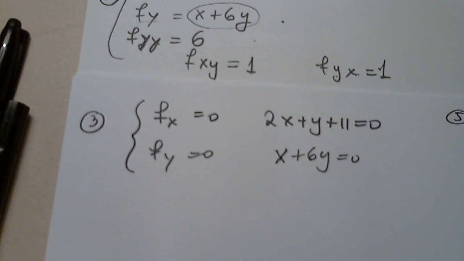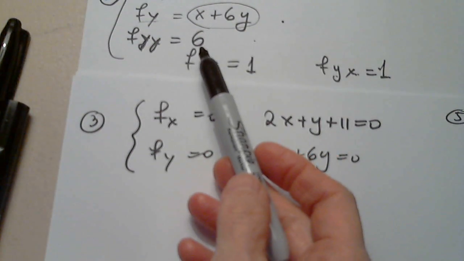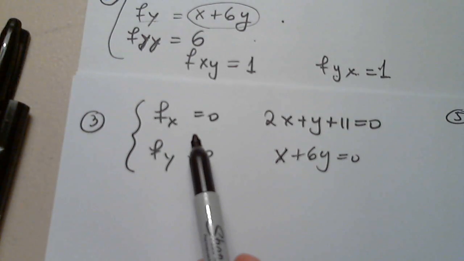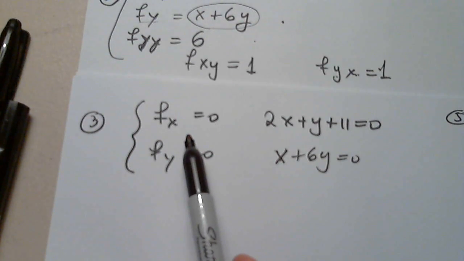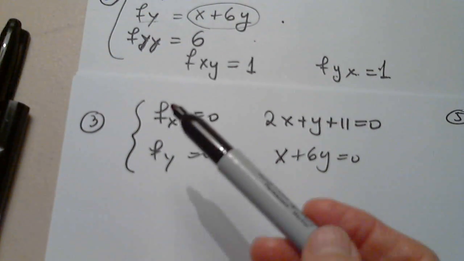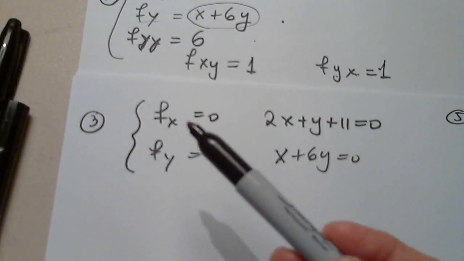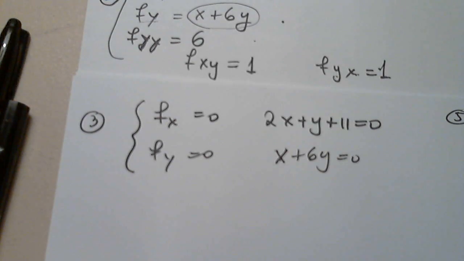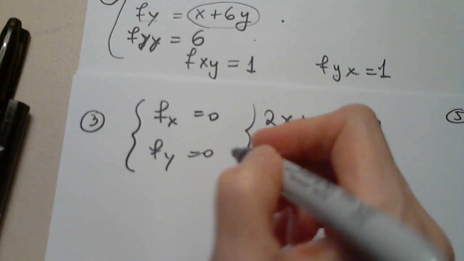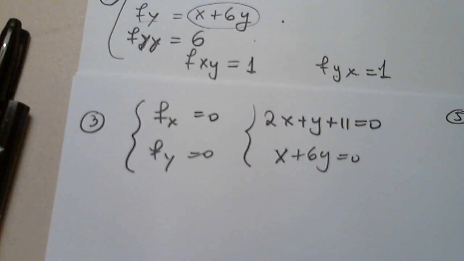This is very similar to finding critical numbers. After we found the derivative, if you remember, we said the derivative equal to 0 or undefined. But in this case, we create a system of 2 equations in 2 variables, fx equals 0 and fy equals 0. Here I have the system. In step 3, I have to solve this system.